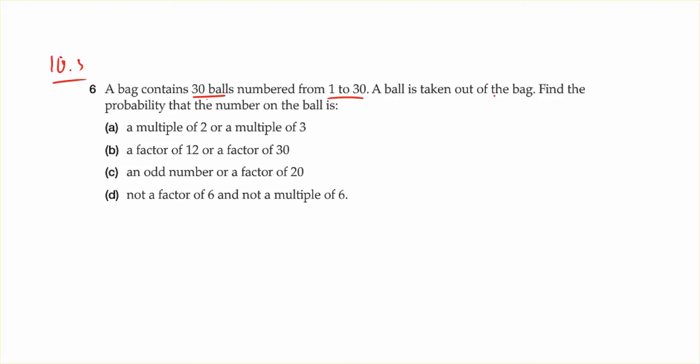So we want to find the probability that the number on the ball is either a multiple of 2 or a multiple of 3. Now, if I have a bag of 1 to 30, there's going to be overlap between the events of getting a multiple of 2 and a multiple of 3, because a ball with the number 6, 12 or 18 is a multiple of both 2 and 3.